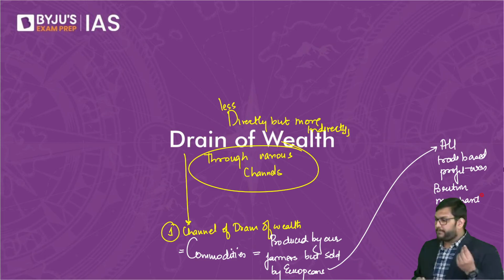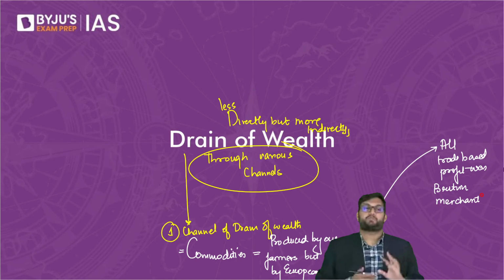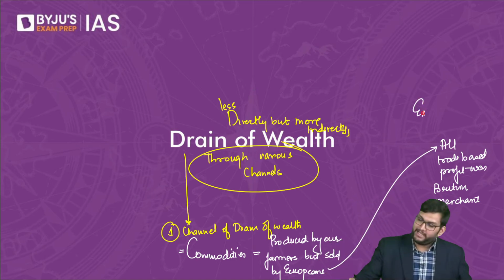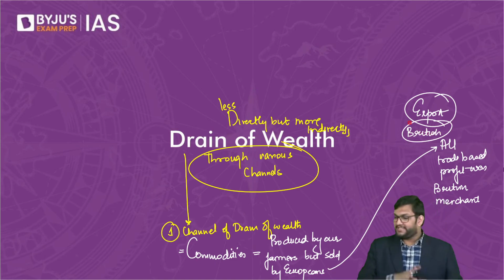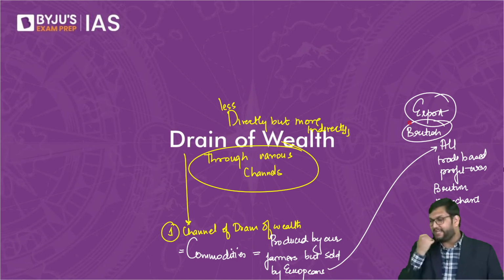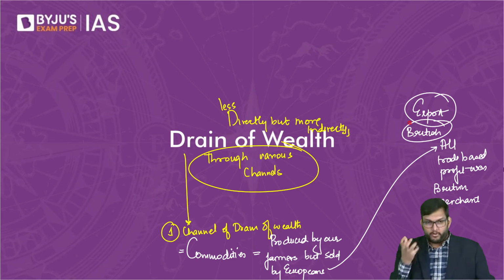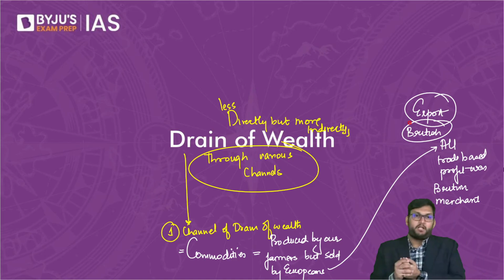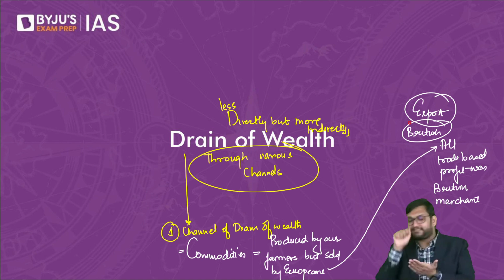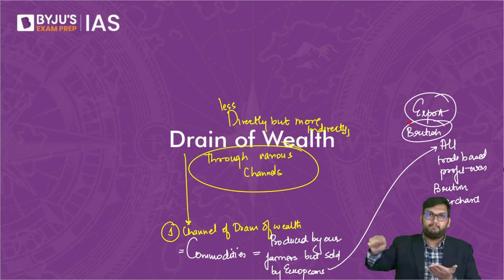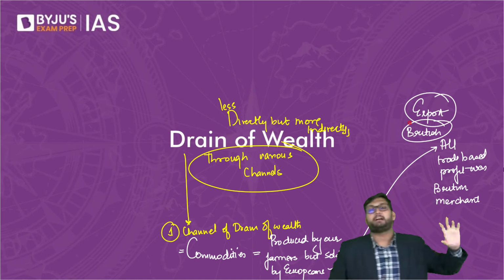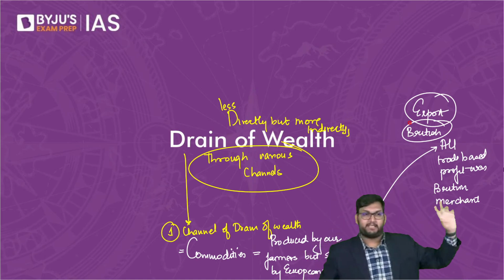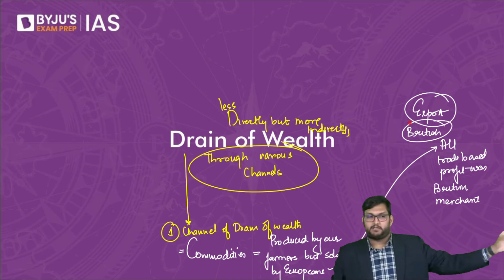Our people get nothing for what they produce. All export is British. So if there is any export income, who gets it? The British get it. So the first point is that the commodity itself is a form of drain, because if we add to the income of an Englishman, it is technically adding to the British treasury. So this is the first channel.